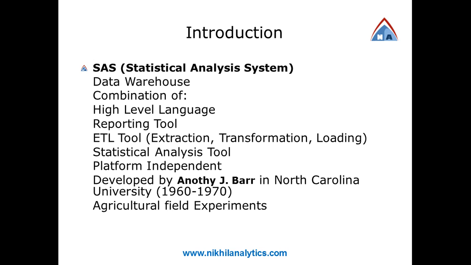The statistical analysis includes performing statistical tests like ANOVA, that is analysis of variance, regression, correlation, chi-square test, t-test, all the different tests that exist in statistics, which you can perform with the help of SAS. You have to just write 2-3 lines of code to perform all these tests.